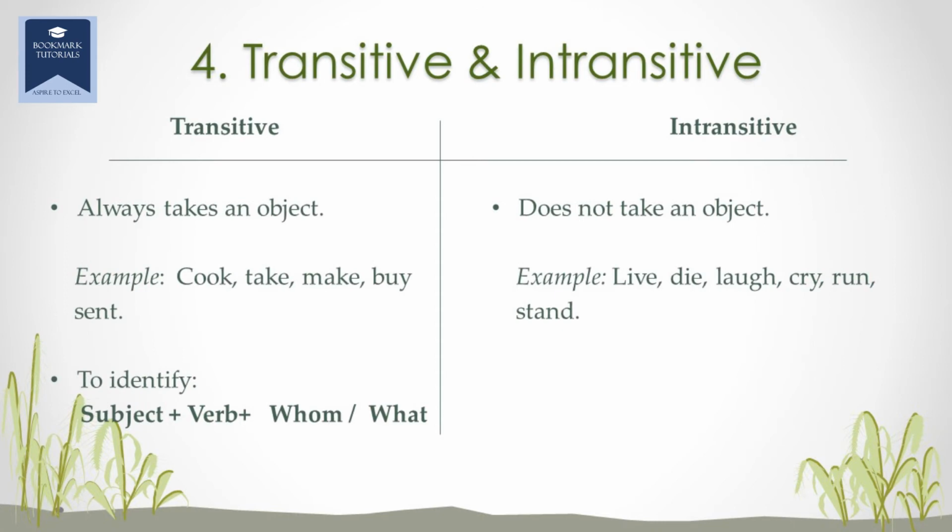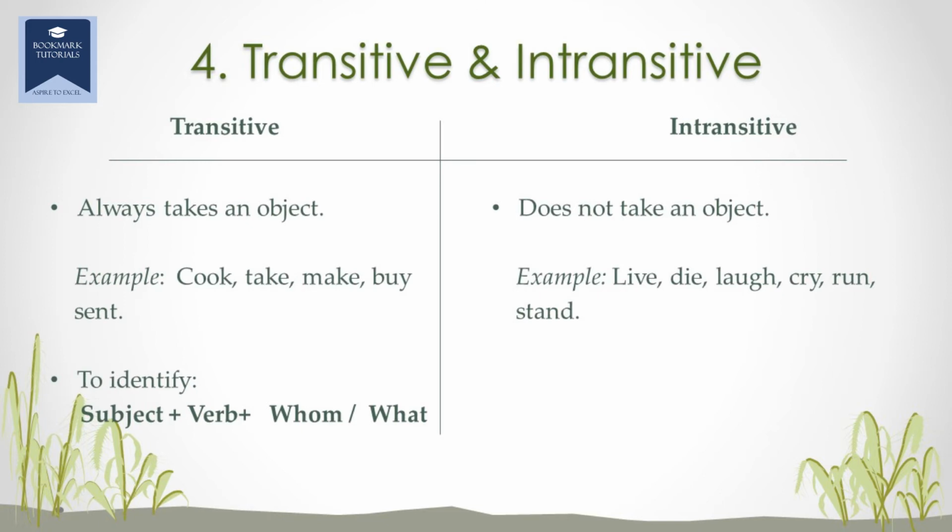Let's look at what transitive and intransitive verbs are. The major difference between transitive and intransitive verbs is that a transitive verb will always have a direct object. That is, when used in a sentence, the format will be subject plus verb plus object.